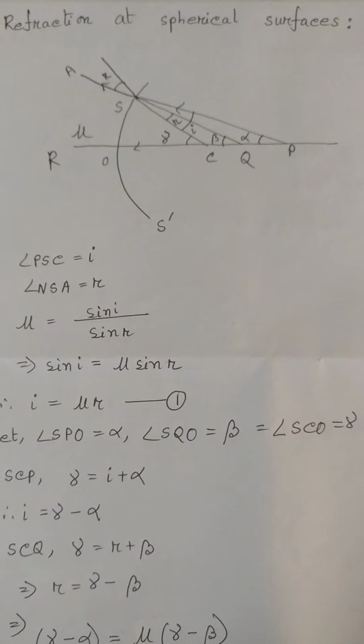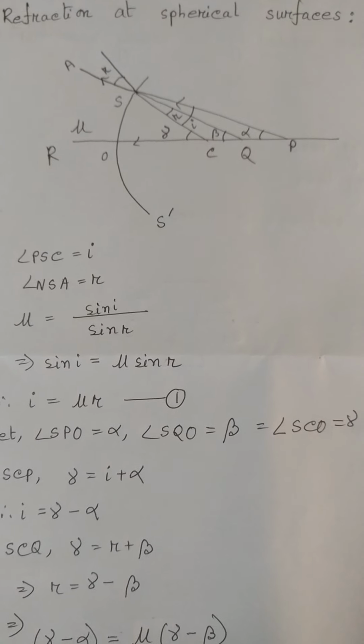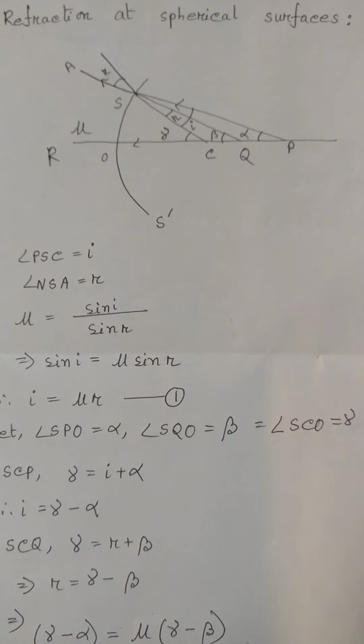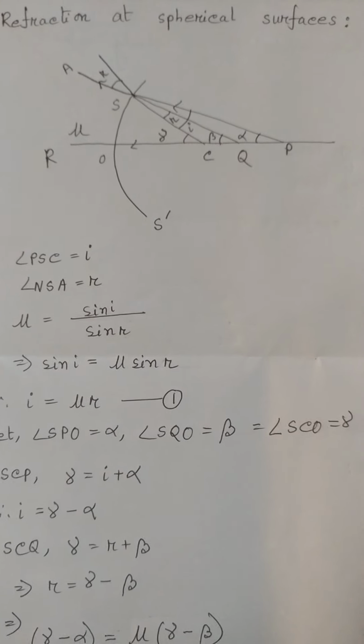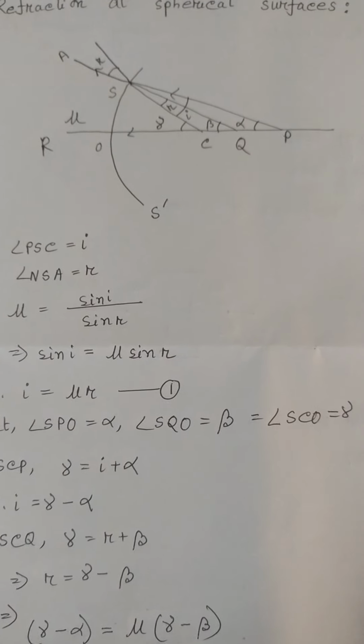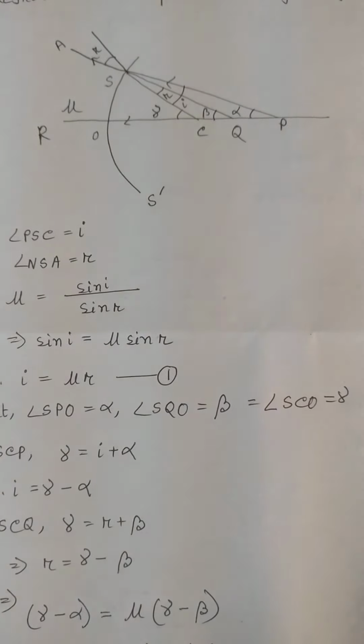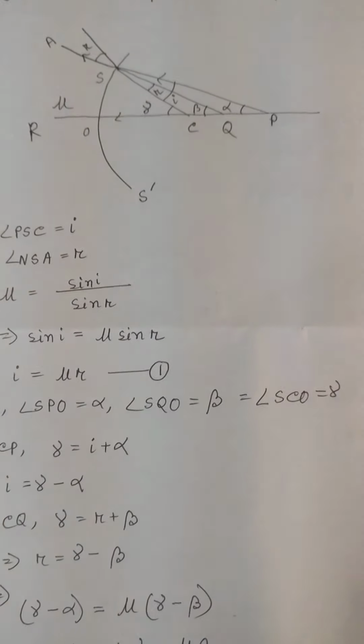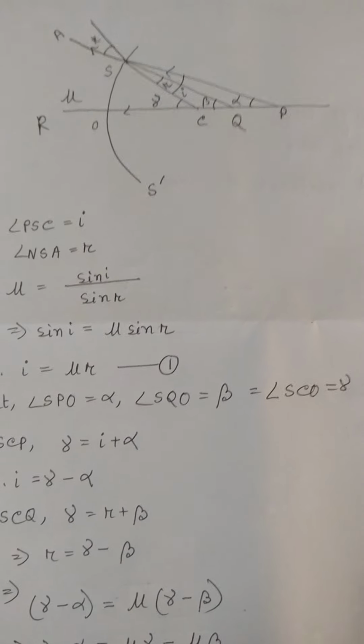So the external angle of the triangle ACP is gamma, and the opposite two internal angles are I and alpha. So gamma equals I plus alpha. In the equation we need I, so I equals gamma minus alpha.